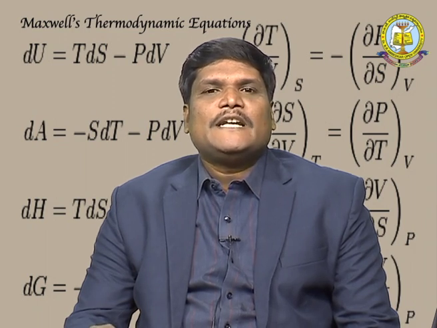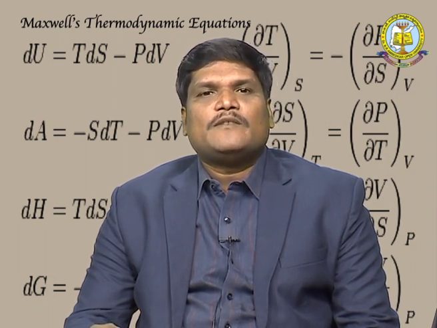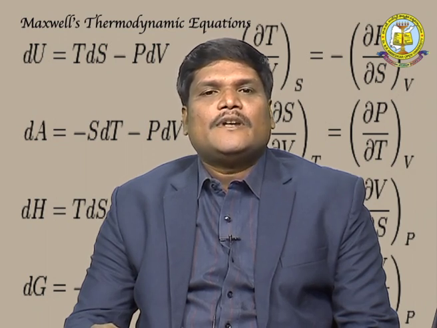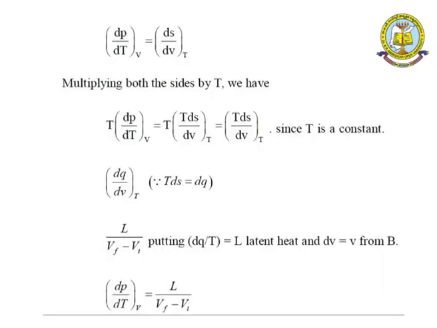You know pretty well TdS is dq, from the second law of thermodynamics. By substituting, we get dq by dV at constant T. So that gives (∂P/∂T) equals dq by dV, which is L by Vf minus Vi, that is, final volume minus initial volume.